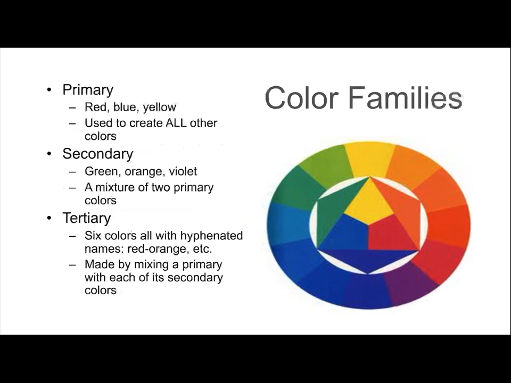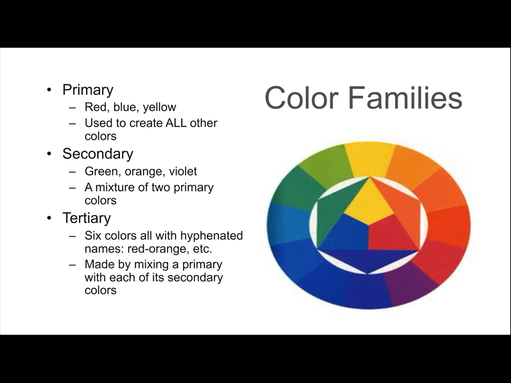So we call those the primary colors: red, yellow, and blue. The secondary colors are the colors we get when we start to mix those primary colors together. And those are green, violet, and orange. So each of those secondary colors is a mix of two primary colors.